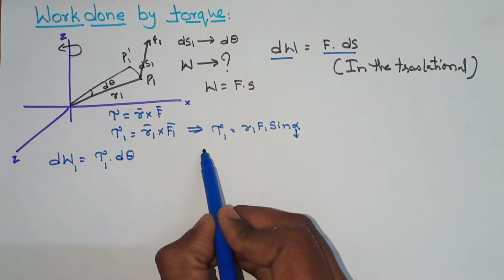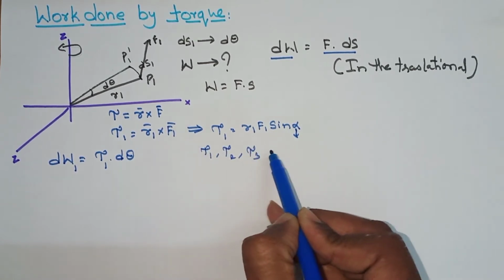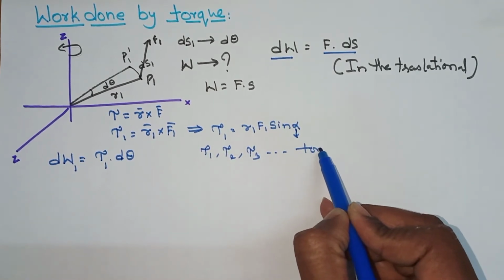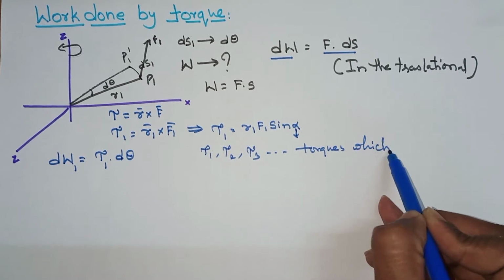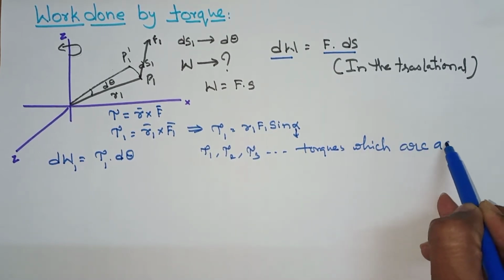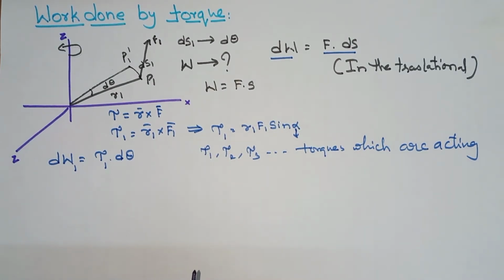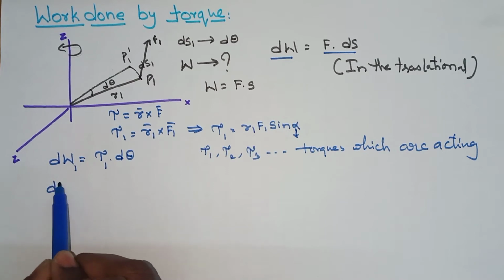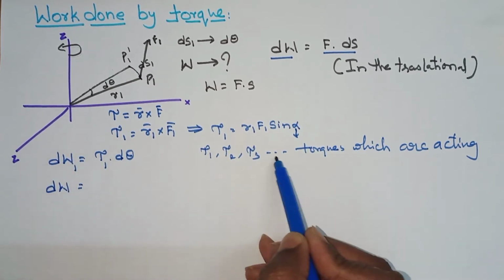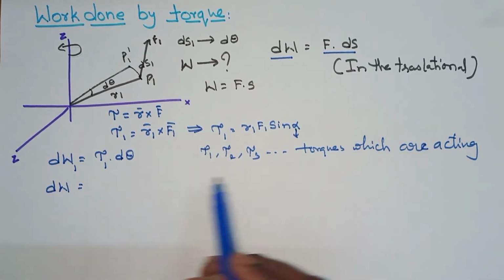Suppose for F1, F2, F3 we get tau 1, tau 2, tau 3 as the torques which are acting. Now if you want to calculate the total work done by all the forces F1, F2, F3, what do you write?